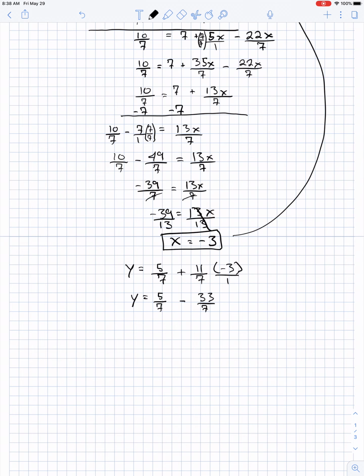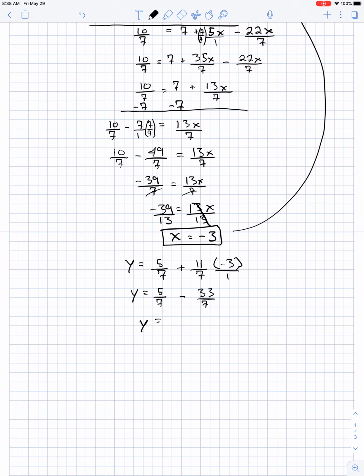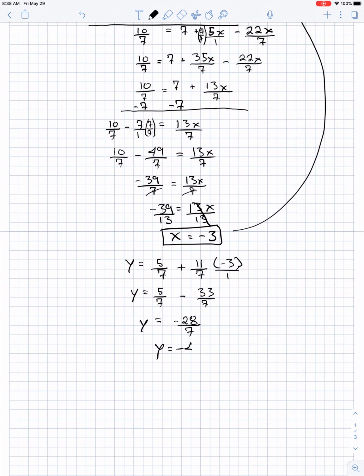Okay, and then we have a common denominator now. That's nice. And what's that? Negative 28 over 7, so y is negative 4. Okay, and we have an answer for x and y.